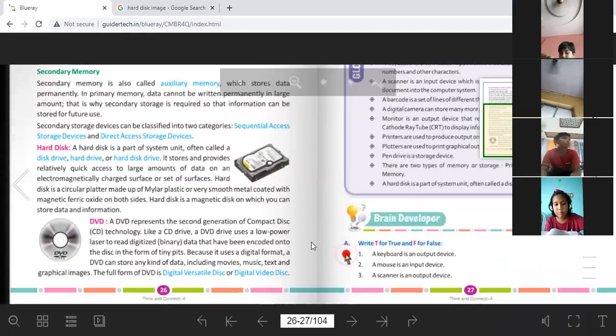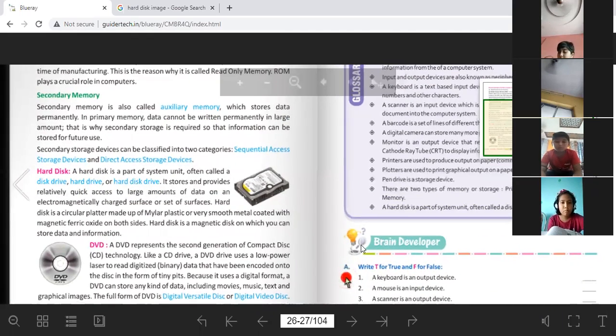Because it uses a digital format, a DVD can store any kind of data, including movie, music, text, and graphical images. The full form of DVD is digital versatile disc or digital video disc.